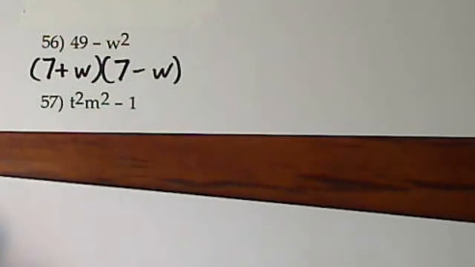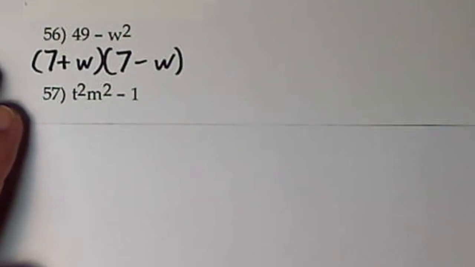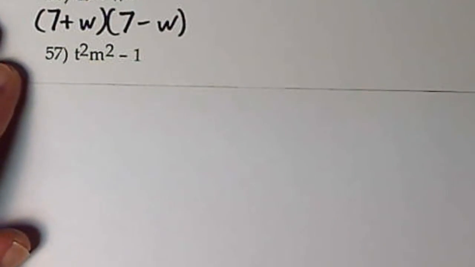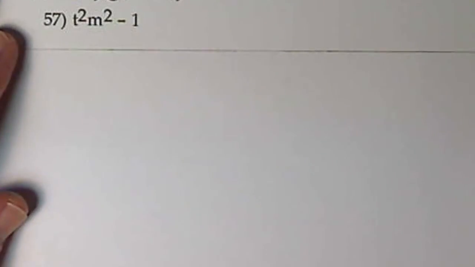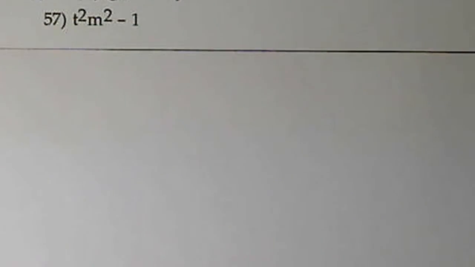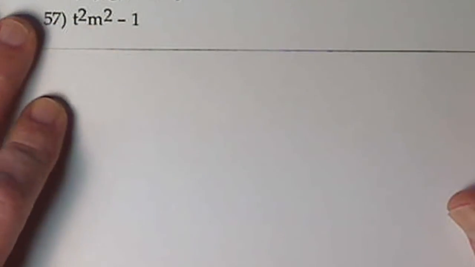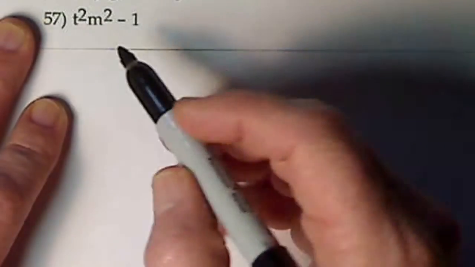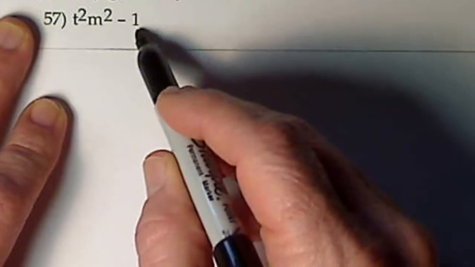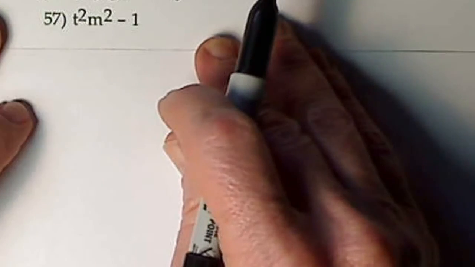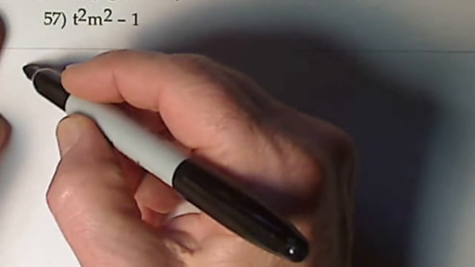Okay, 56. We'll also take a look at 57. I'm just going to push that up there. And this one might look strange, but it is a difference of squares. That's a perfect square, and that's a perfect square.